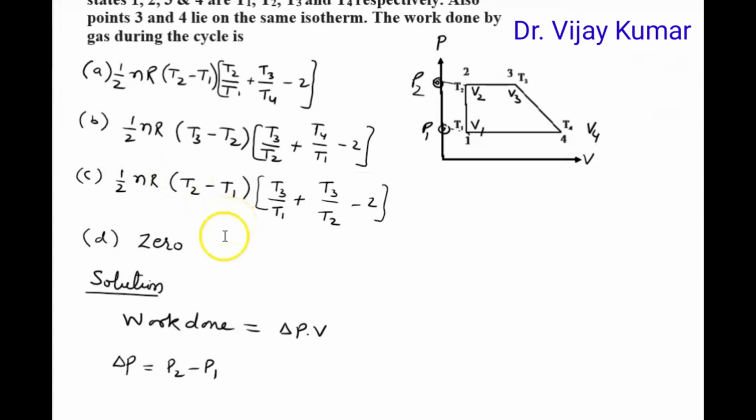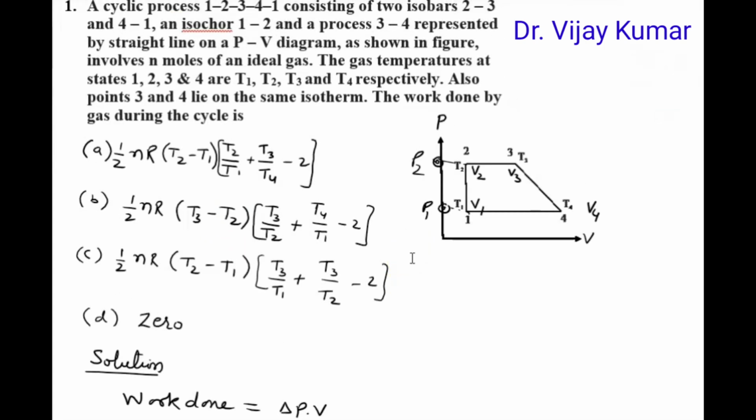And if we want to determine the average volume, then we know that in process 1 to 2 there is no change in volume, but in process 2 to 3 the change in volume is V3 minus V2, and in process 1 to 4 the change in volume is V4 minus V1. So we can take the average of both changes in volume.